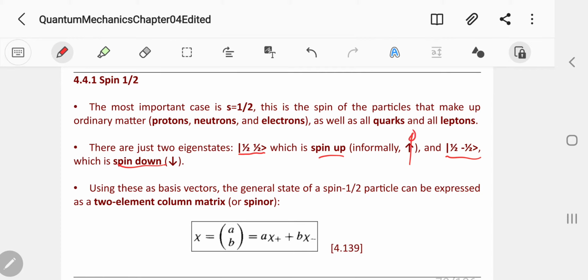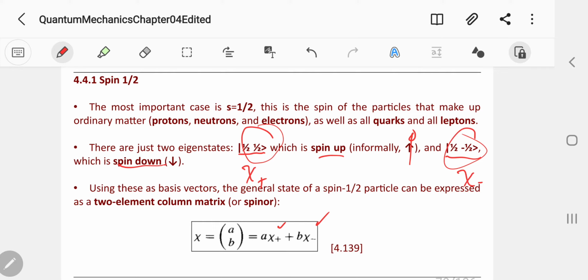You can also use this one, but this is the correct way of writing a spin. So these are the two basis vectors for spin 1/2. This can be chi plus and this can be chi minus.